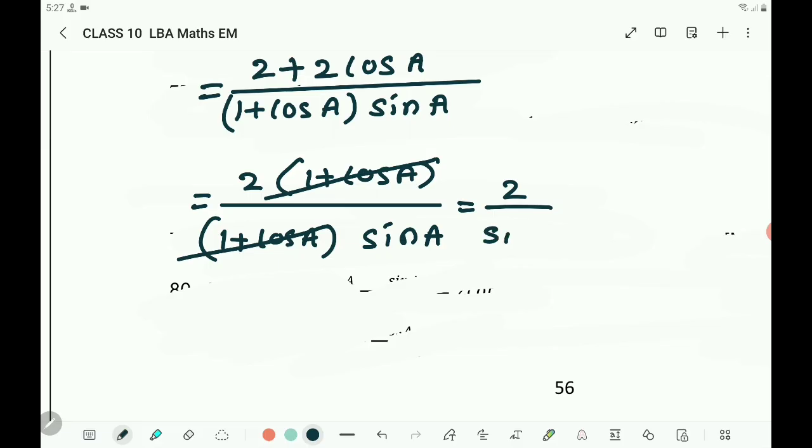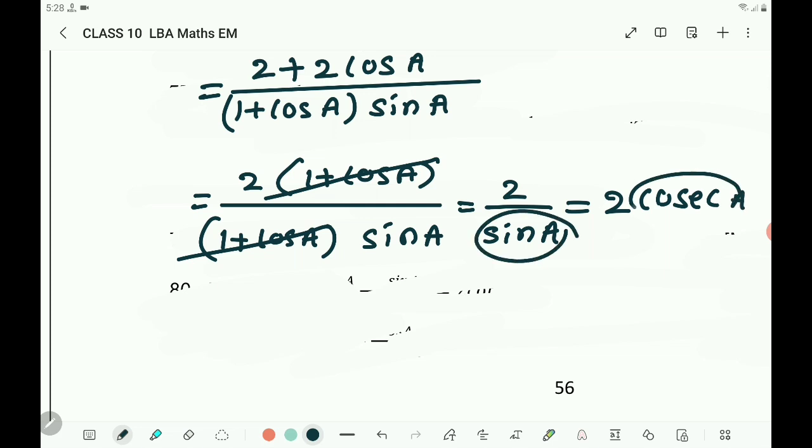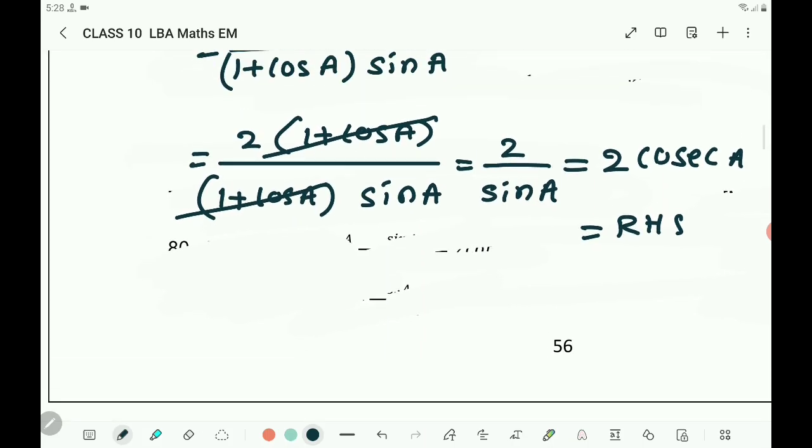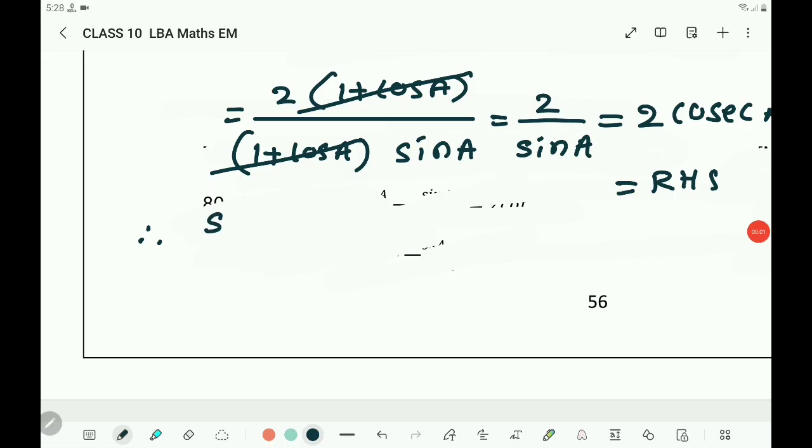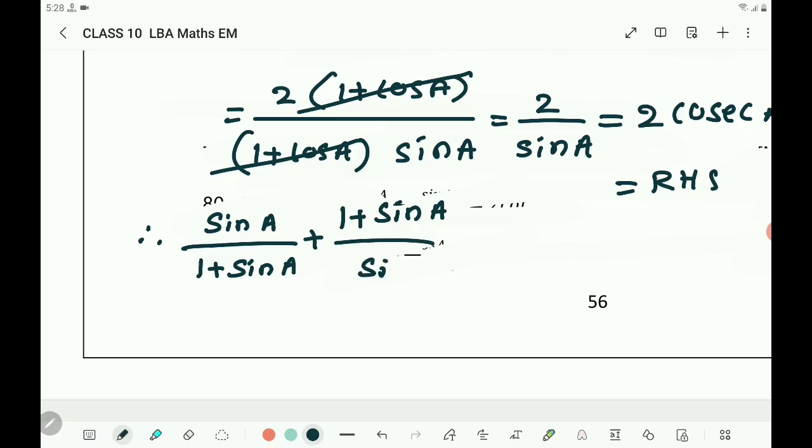Sin A. 2 by sin A is 2 cosec A. The reciprocal of sin is cosec. That is equals to RHS. You got. Therefore, sin A by (1 plus cos A) plus (1 plus cos A) by sin A is equals to 2 into cosec A.